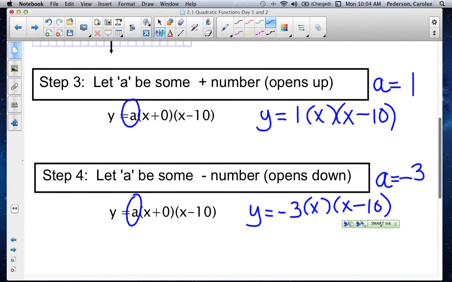And there are two possible quadratic functions with those two x-intercepts of 0 and 10, where one of the parabolas opens up and one of the parabolas opens down. I will be stopping the recording and picking up on our last part.